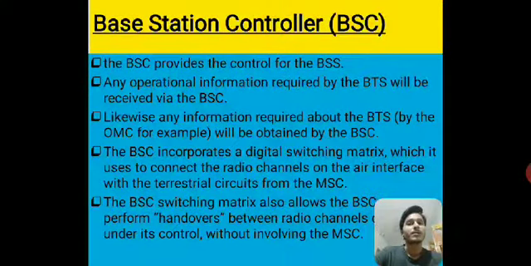Any operational information required by the BTS will be received via the BSC.